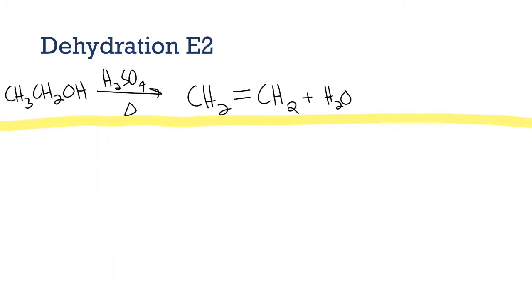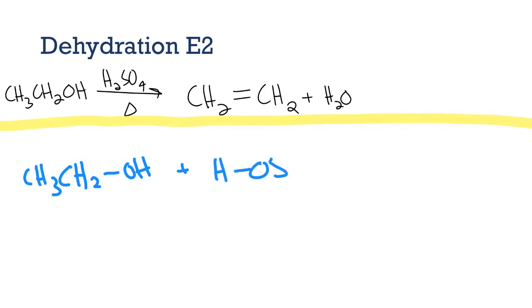Okay, and then E2, similar. So this is a primary alcohol, which can only have E2 reactions for dehydration. Same thing, our first step is we need to protonate this OH group. Okay, so those lone pairs from oxygen will go to this hydrogen to form another OH bond.